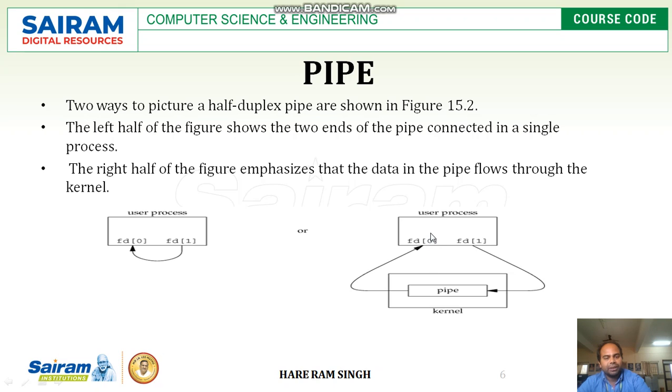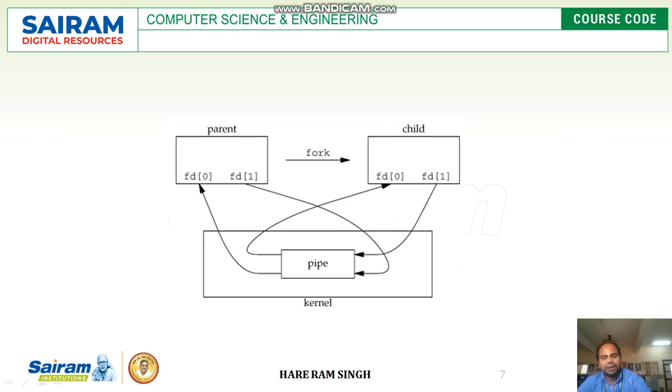In the next picture, a pipe is created and returns fd0 and fd1. The process writes the data into the pipe using fd1 and reads the data from the pipe using fd0, and this pipe is present in the kernel.